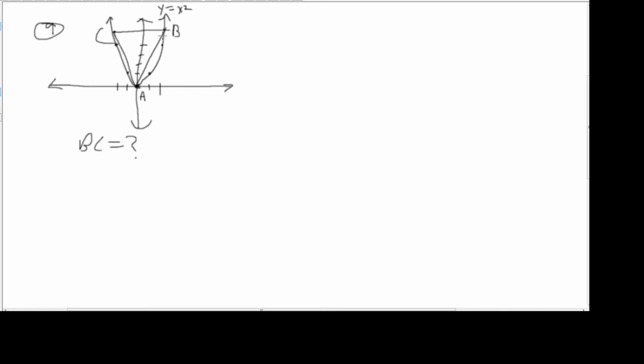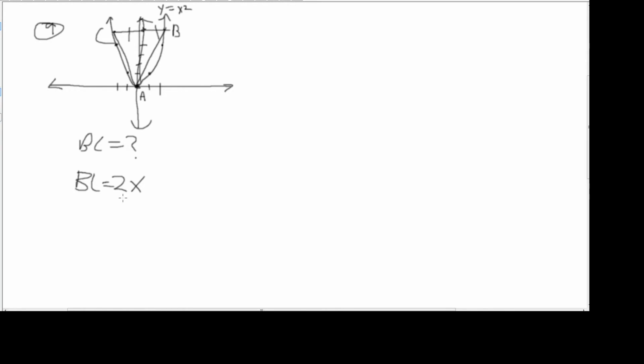So in this case, we know that BC is equal to 2 times the x coordinate, because B is (x, 0), because this is going to be bisected. These two lengths are equal, and you can't have a negative length for BC.